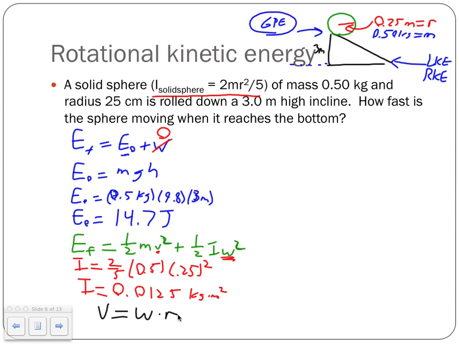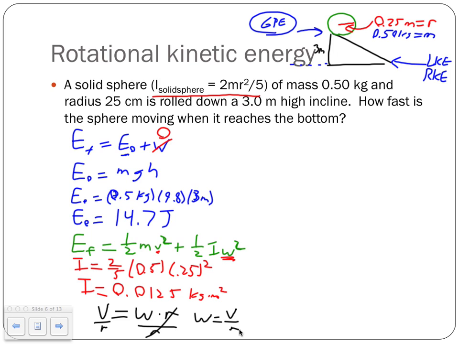So let's go ahead and substitute for omega so that we can solve for v, because that's what we're looking for, how fast the sphere is moving. That's a linear velocity. So divide both sides by r, the r's cancel off, and we get that omega is equal to v over r.